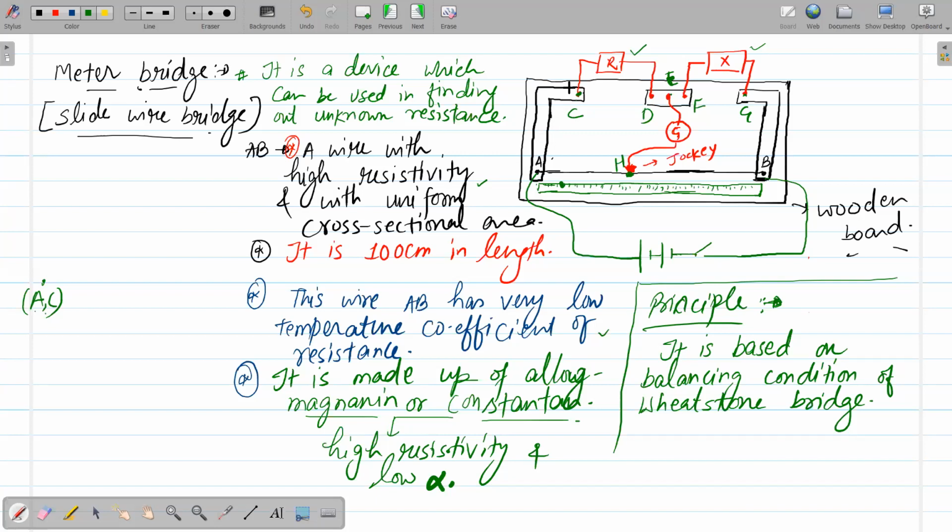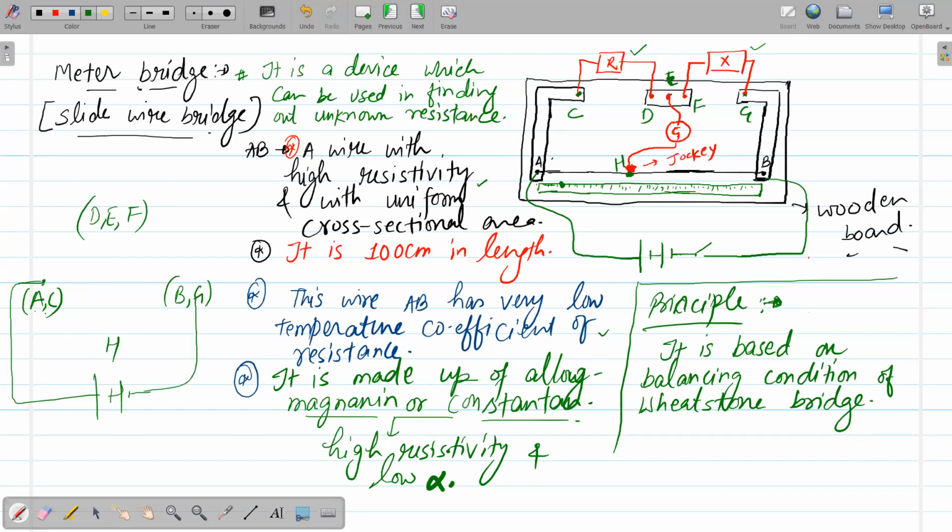So A and C will be almost at the same potential. Same will be with B and G, right? And same will be with D, E, and F, right? And let me consider point H at this side. You can see the battery is connected across A and B, so the battery can be connected like this, across A and B, right?